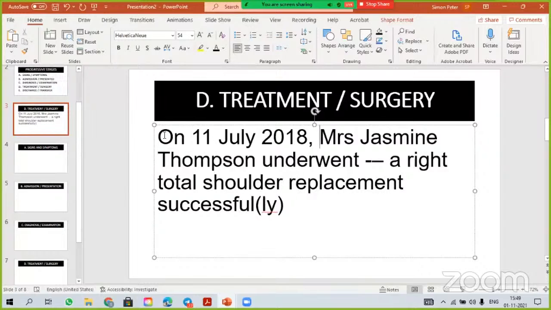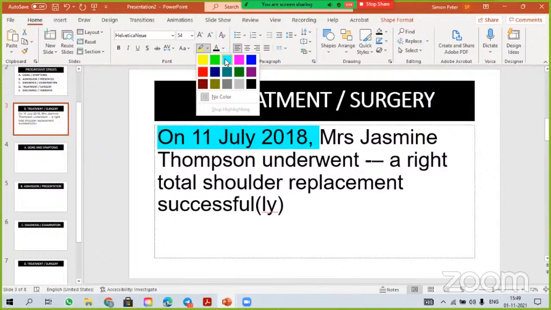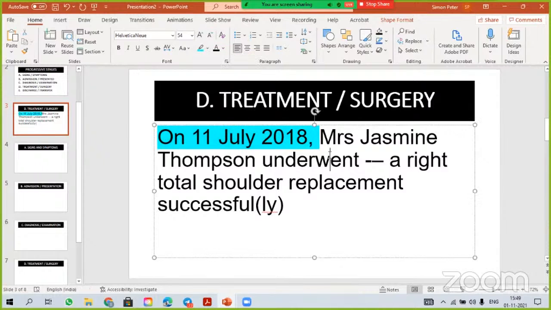Always take it like this only. Whenever there is a date, you write like this with a comma. On 11 July 2018, always write like this.